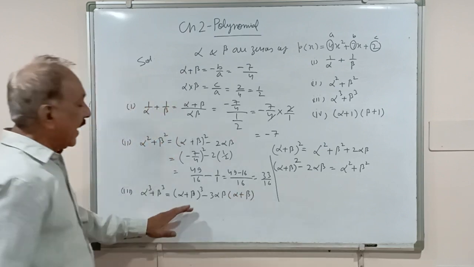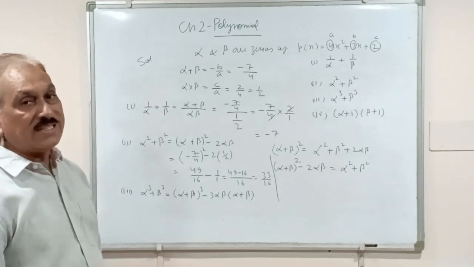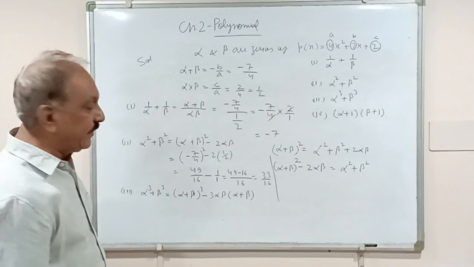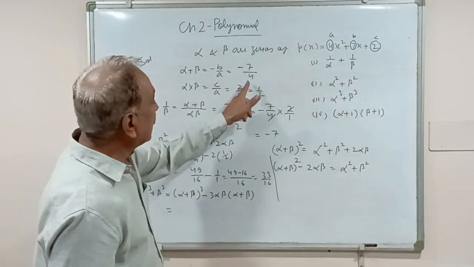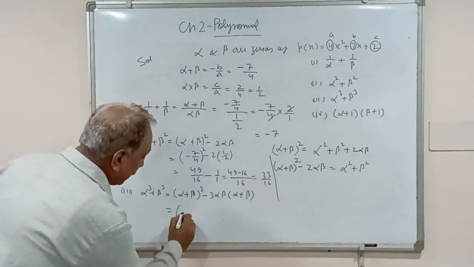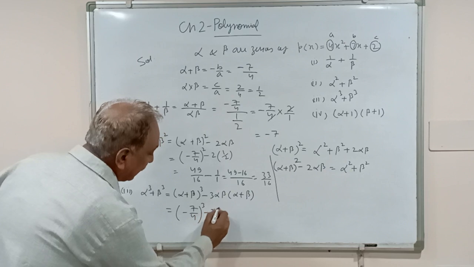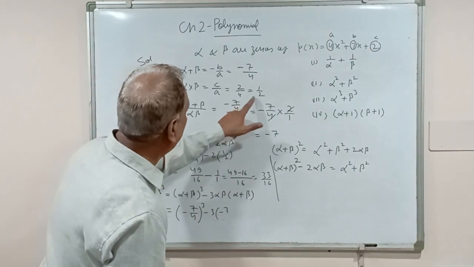You know the identity: alpha plus beta whole cube equals alpha cube plus beta cube plus 3 alpha beta, alpha plus beta. Alpha plus beta is minus 7 by 4, whole cube, minus 3, alpha beta is half.